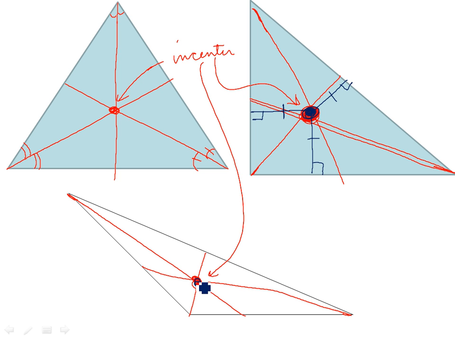So if this is our incenter, the distance from here over to there, forming a right angle, has to be the same as the distance from here down to there, and the same as the distance from here to there. Those 3 distances, the distance at the incenter is always the same distance from the 3 sides of the triangle.